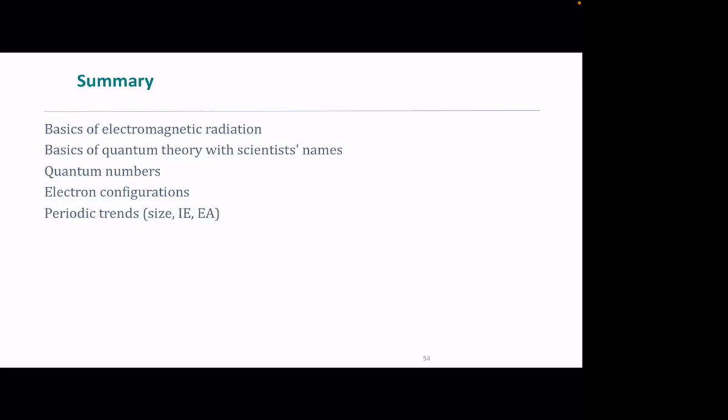So 4 for n, l would be 1 for p, and then ml could be whatever. It doesn't matter what you assign that, and the spin doesn't matter. Electron configurations, both of atoms and ions, isoelectronic, that type of thing, and then the periodic trends: size, ionization energy, and electron affinity.